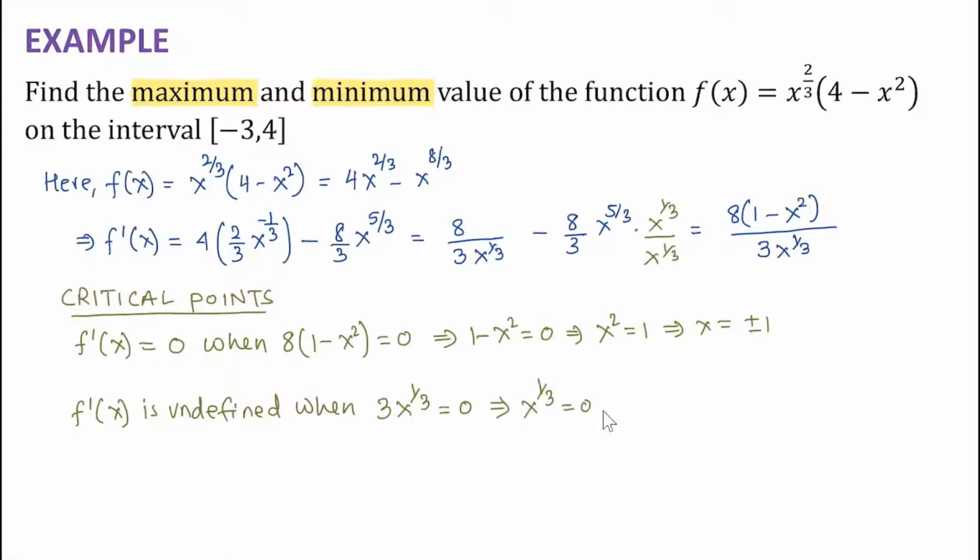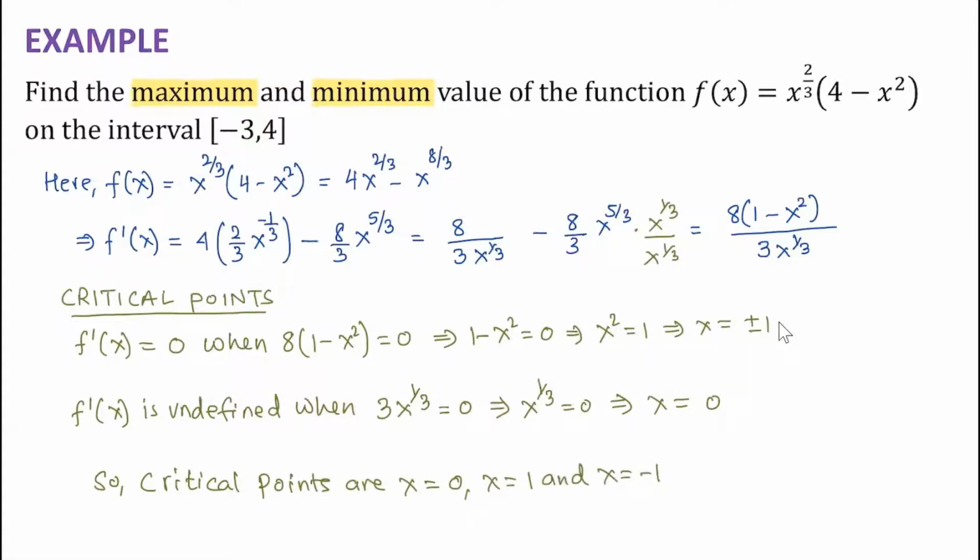And if you take cube root on both sides, then you get x equal to 0. So we get three critical points. The critical points are x equal to -1, 0, and +1. So we can write, critical points are x equal to 0, x equal to 1, and x equal to -1.